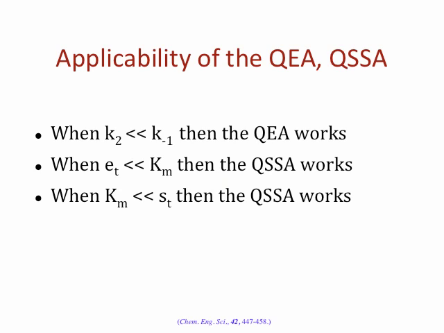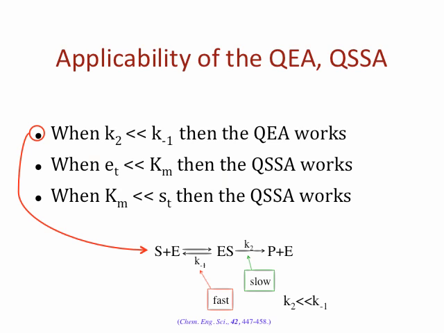Now here are just some results that show under which parameter conditions these assumptions apply, and there is one condition under which the quasi-equilibrium assumption applies, as shown in the first row or first line in this table.